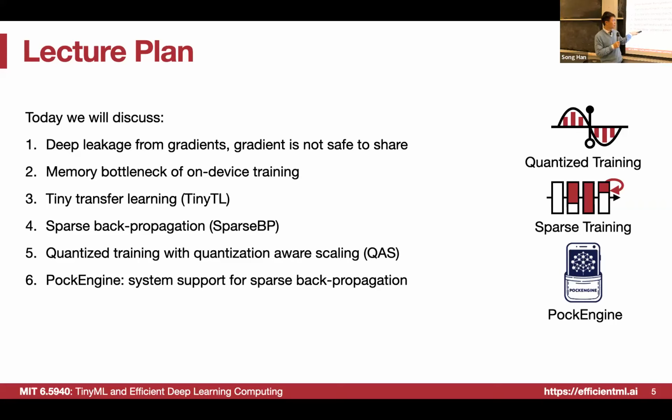And if I have time, or maybe the next lecture, we are going to learn how to achieve the measured speedup from these above techniques to convert the theoretical saving into the measured speedup. So that will be the Pocket engine, the system support for sparse backpropagation.